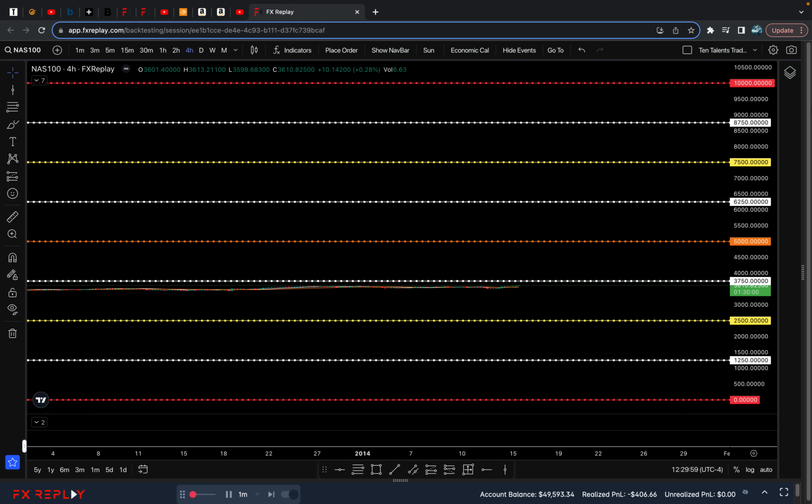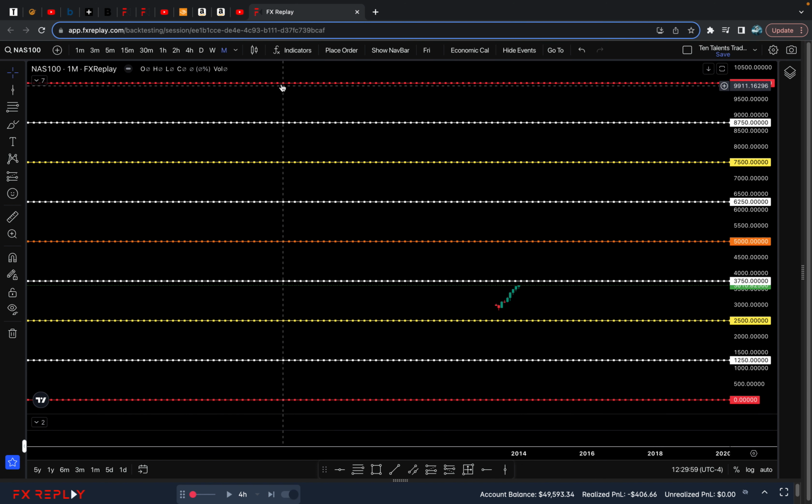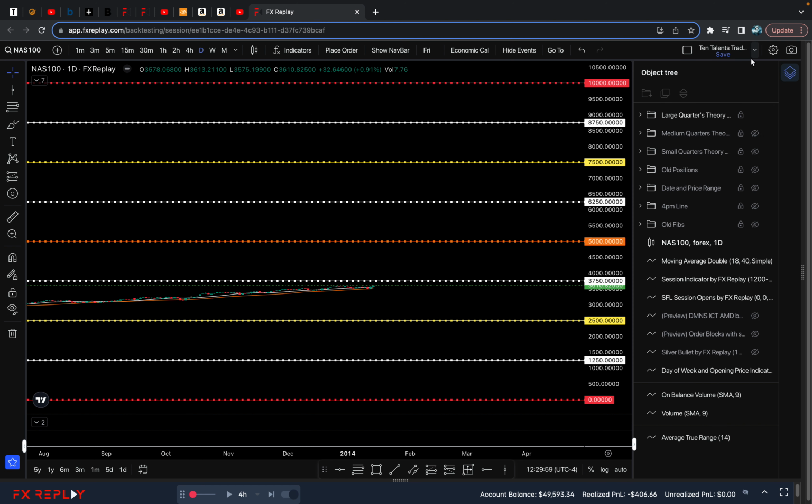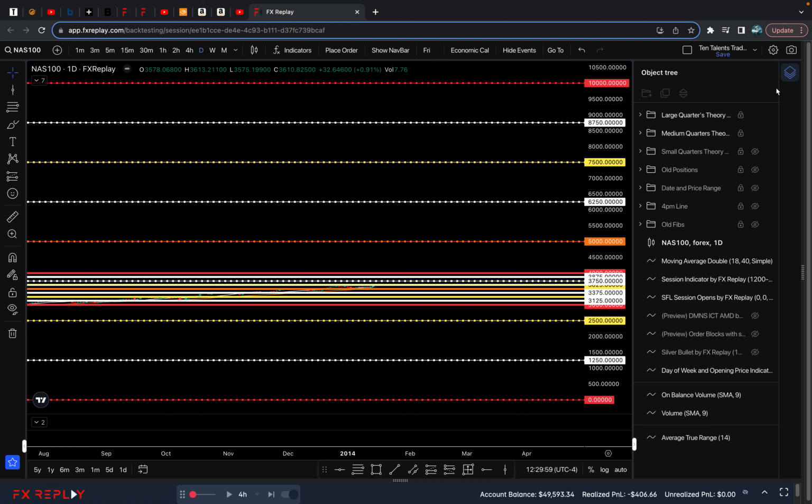So screenshot this or whatever you have to do, and then go in there and put this on your charts. And you might be saying, well, why should I do that? Actually, I don't have a lot of past data on this, but you'll see pretty soon price bouncing off of it when I go to add the smaller levels.